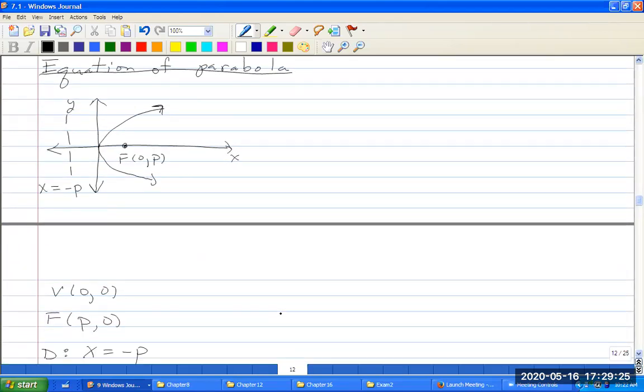Let's do the same thing, but now let's look for the equation of a parabola where the vertex is at the origin, but now the focus is along the x-axis and the directrix is perpendicular to the x-axis. So in the case that the vertex is at the origin, the focus is at (p, 0).